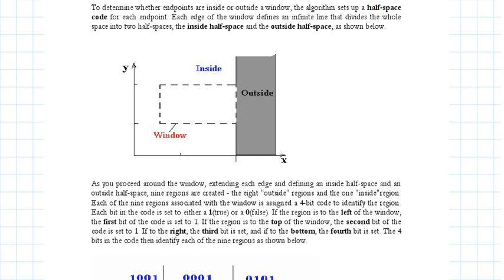You need to assign some code mechanism to your endpoints with respect to these half spaces, outside space and inside space. As you proceed around the window, extending each edge and defining an inside half space and outside half space, 9 regions are created. The 8 outside regions and 1 inside region.